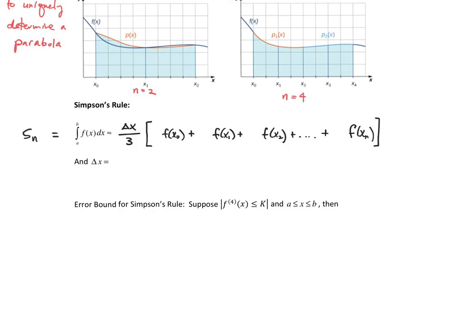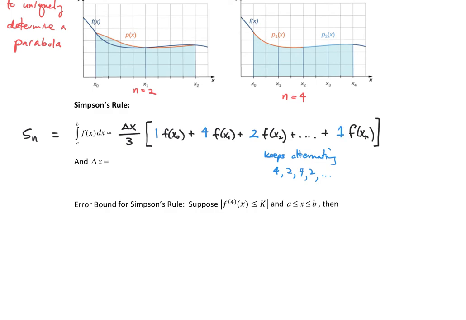So what should those coefficients in front of the function values be? Well, the first one is going to be a 1, and then the next one's going to be a 4, and then a 2, and then it keeps alternating 4, 2, 4, 2, and so on and so forth, until you get the very last one, which is just going to be a 1.